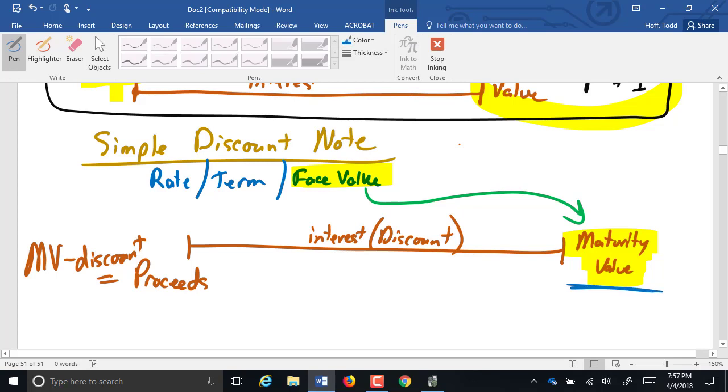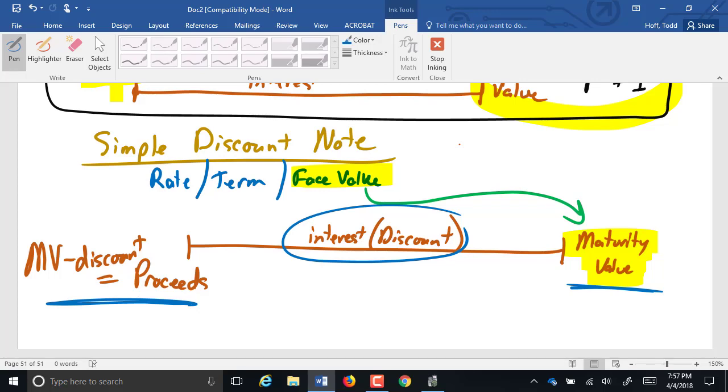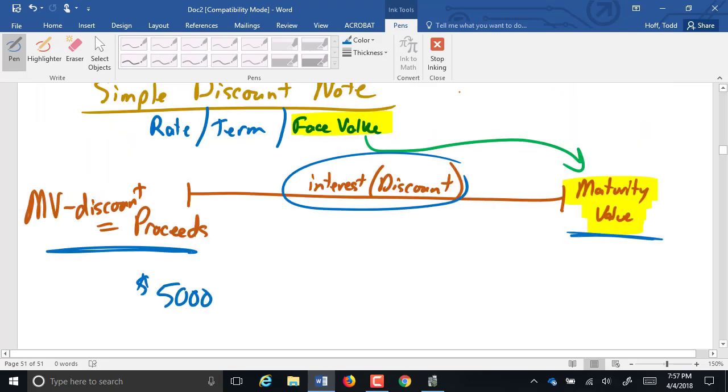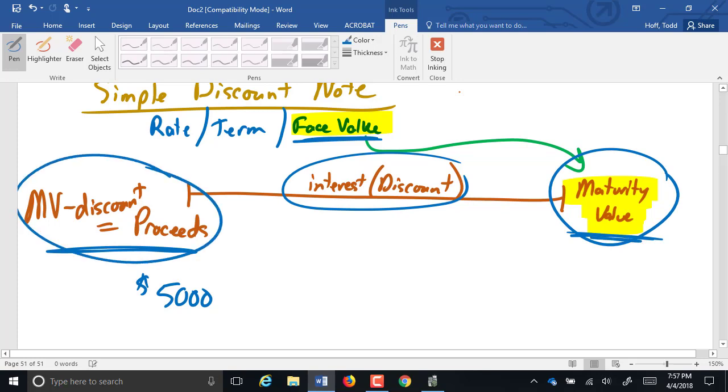Yes, you're going to pay back $5,000 at the end, but they're going to take out a discount, and what they're going to give you is less than the $5,000. Does that make sense? So if this is a $5,000 face value note, that means you're going to pay back $5,000 at the end. So at the beginning, you get less than $5,000.